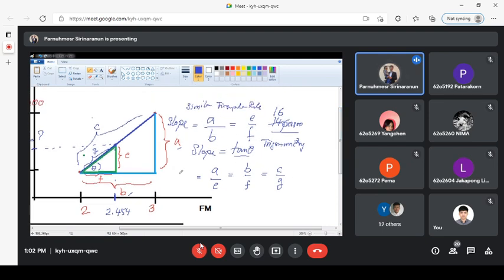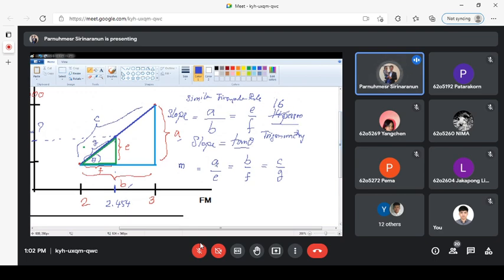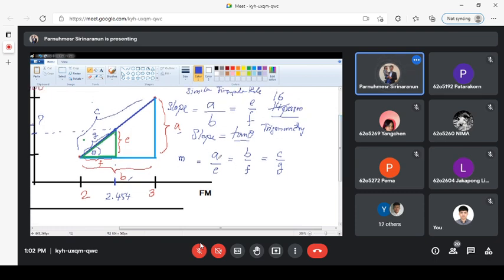What do we call this? It's called expansion scale. Okay? The similar triangle rule tells you two things. One is expansion scale. For similar sides, the ratios are equal to each other.